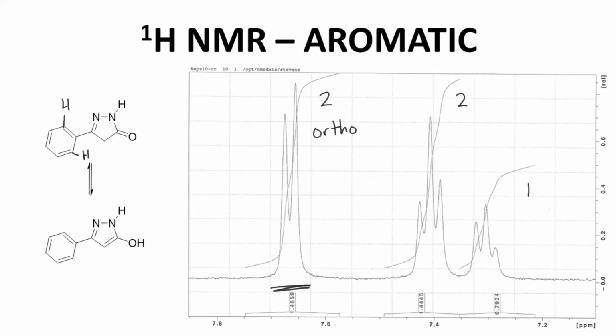They have 1 neighbor, so they are a doublet. The triplet is for the meta hydrogens. They have 2 neighbors and are therefore a triplet. That leaves our lone para hydrogen. It has 2 neighbors and is a triplet. That completes our tour of the NMR spectrum. Everything looks great.